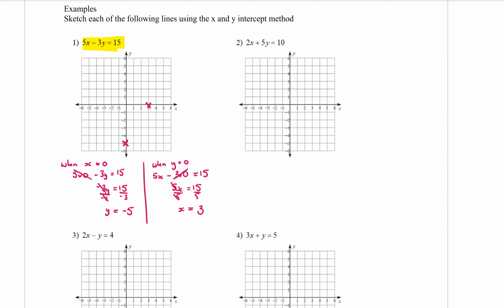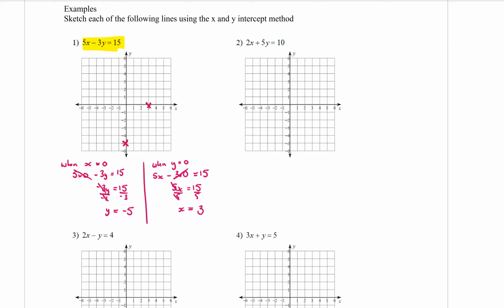What we're actually finding is the point on the x-axis and the point on the y-axis that my line goes through. And we connect it up and we've drawn our line. So it's a little bit more working out that we have to do, but we do get a nice line fairly quickly at the end of it.